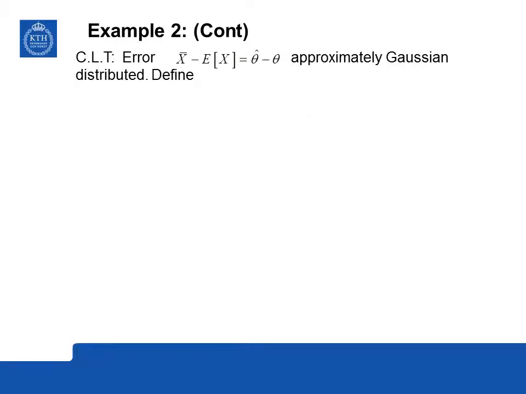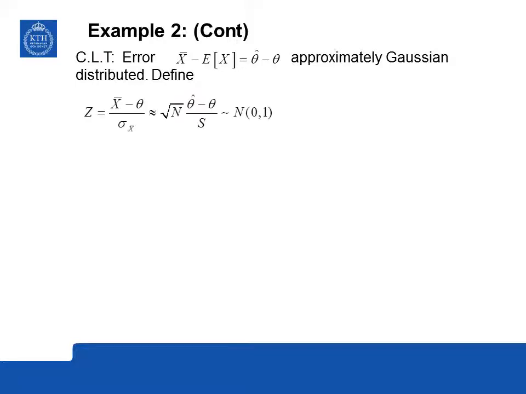So now, noting that x bar is the sum of identically distributed independent variables, we know that such a sum will approximately be Gaussian distributed. So also will x bar minus its expectation be Gaussian distributed, again now with a zero mean.